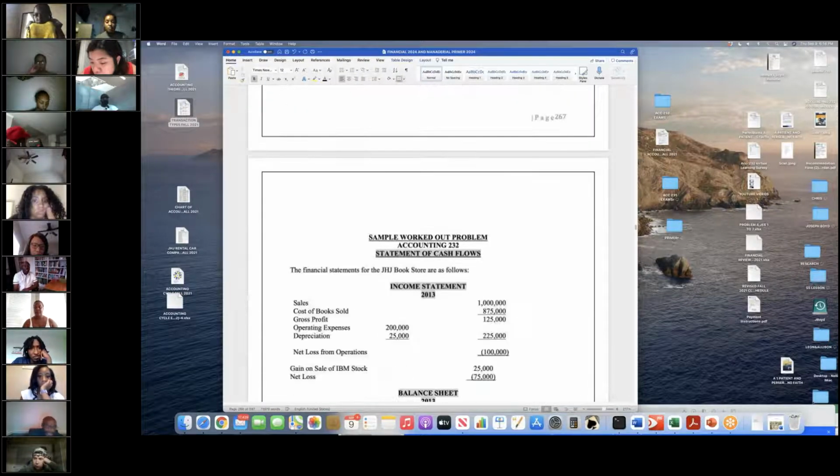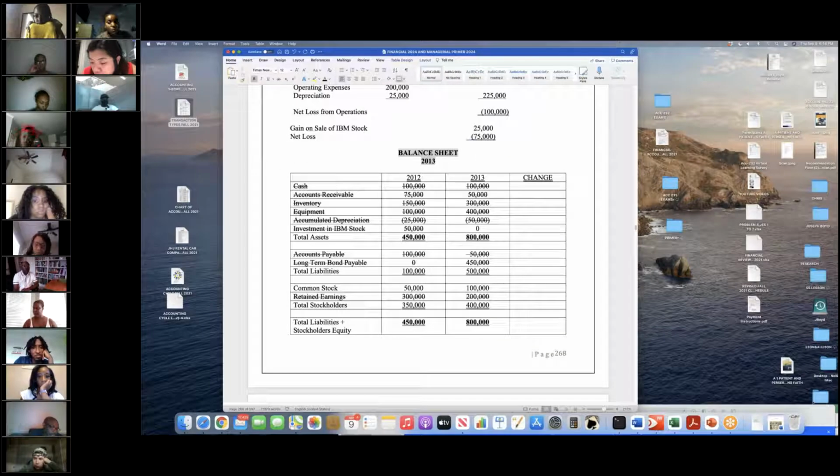And finally, I think we're at common stock. What did common stock do? Increase. So what part is that going to be in? 3. Source or use?